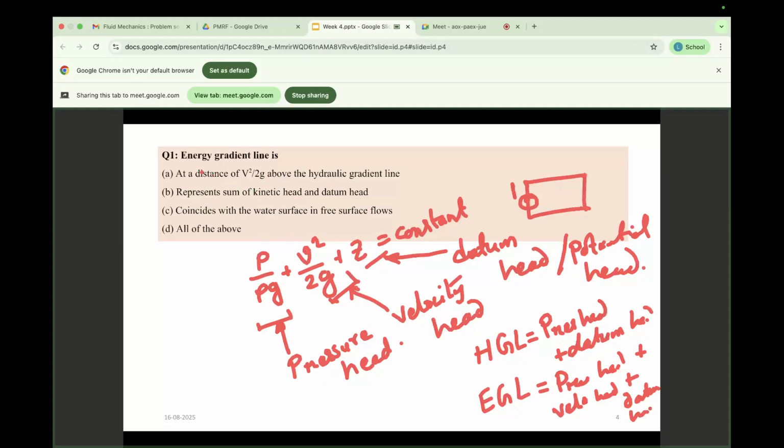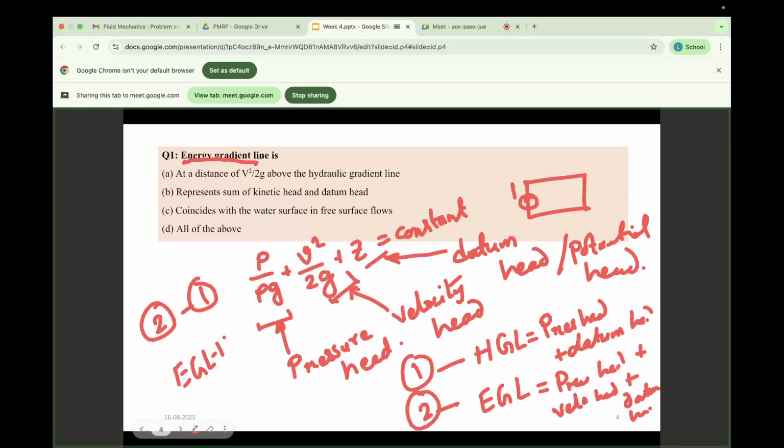So now the question is, this EGL, energy gradient line, is what? Just see, if I consider this as equation 2 and this as equation 1, then 2 minus 1 gives EGL minus HGL equal to velocity head, right?